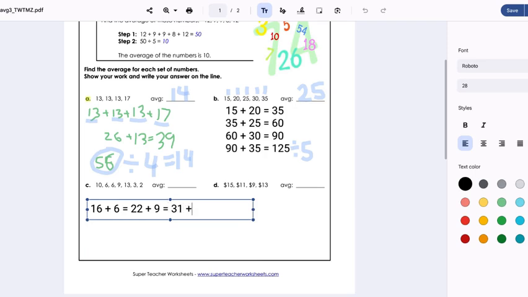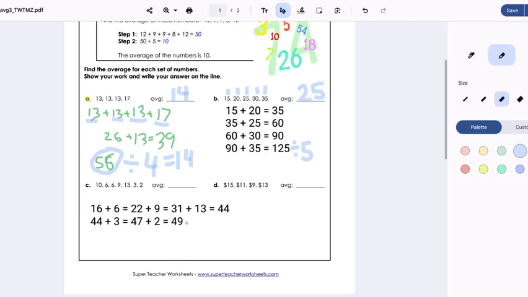So 31 plus 13 equals 44. 44 plus 3 equals 47. And 47 plus 2 equals 49. So we have our sum. Our sum is 49.